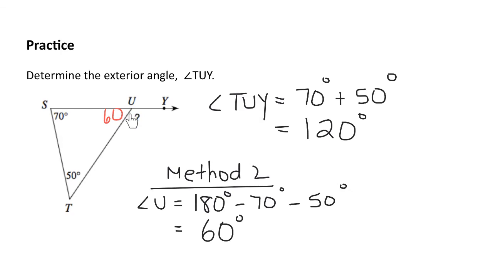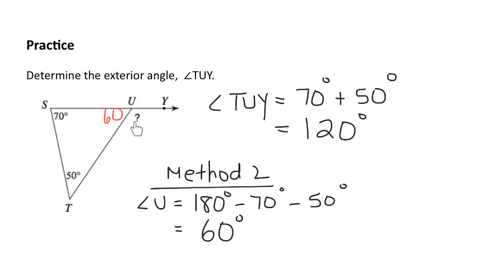So now to calculate the exterior angle, what I do know is that angle U, the 60-degree angle we just calculated, plus this exterior angle, these 2 side-by-side angles are located on a straight line. And I know that angles on a straight line together need to add up to 180 degrees. They are supplementary to each other.